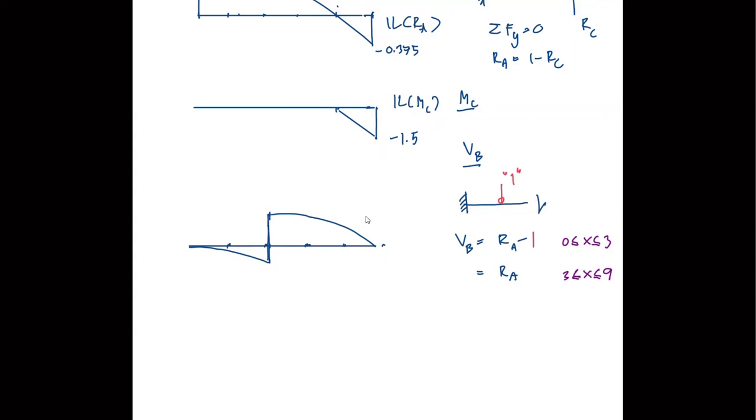And the numbers, this is 0.086. This is minus 0.312. This is 0.688. Right, this is drawn incorrectly. It has to be 0 at the support, right? Got that.